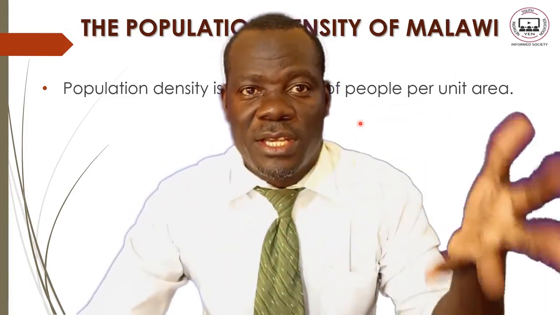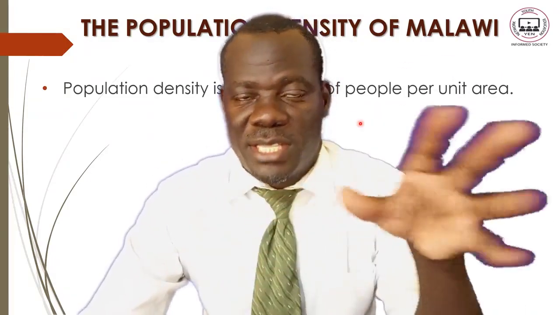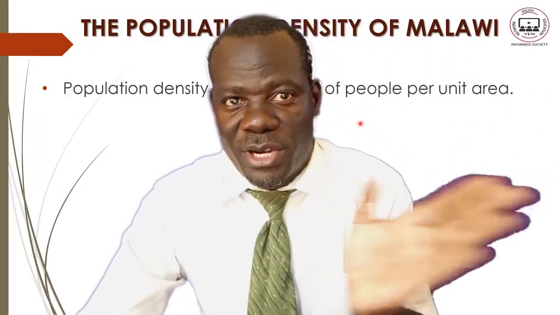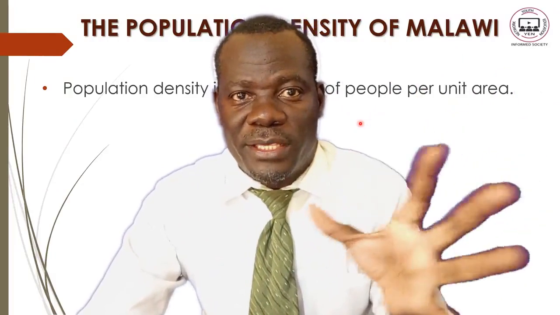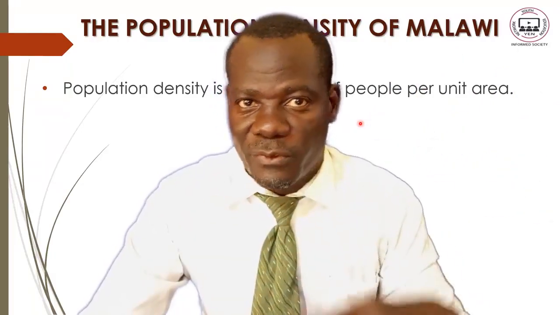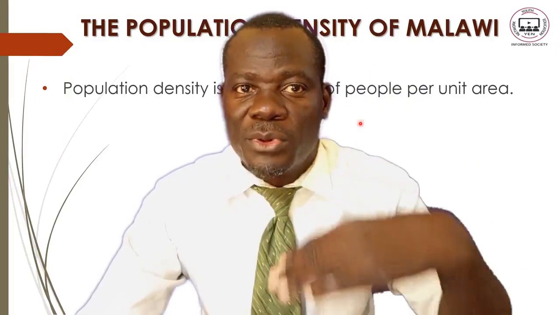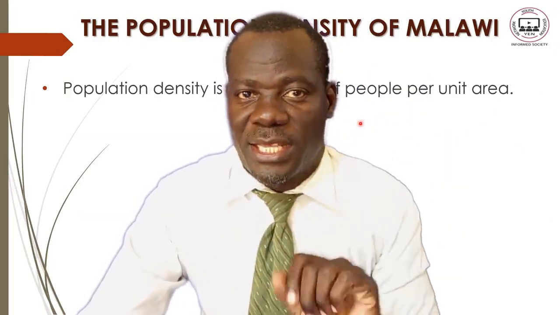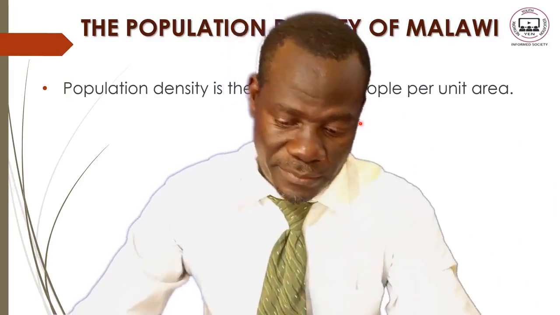We calculate how big that village is, and we can generalize or apply the results elsewhere. That is the population density, to find how many people are living per square kilometer.